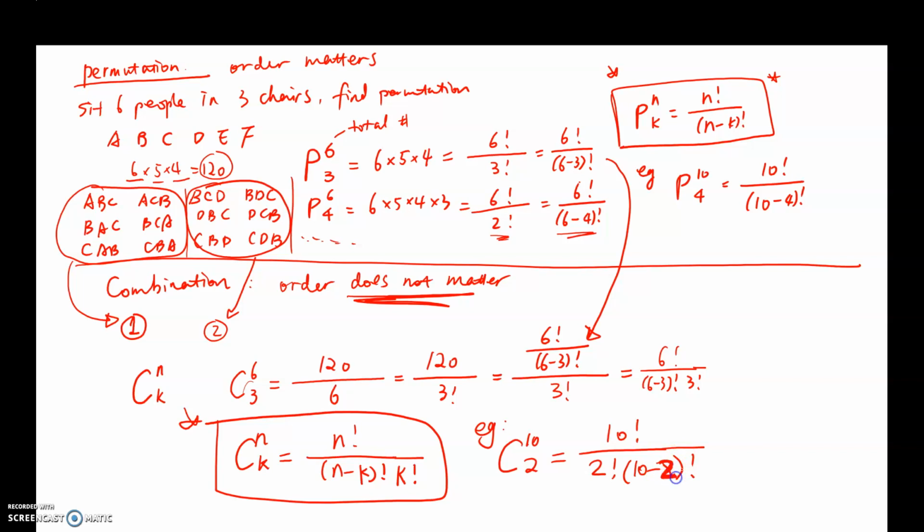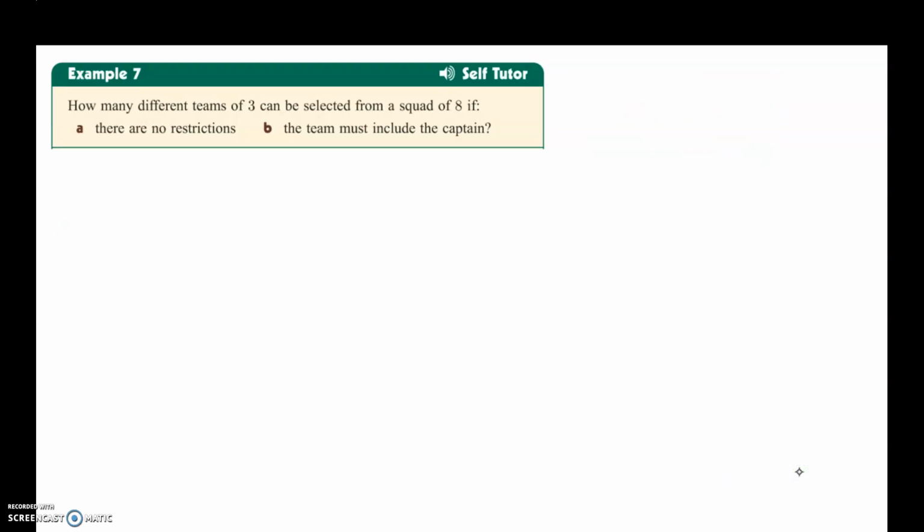So that's also equal to 10 factorial over 2 factorial times 8 factorial. Okay, let's have a look at this example.